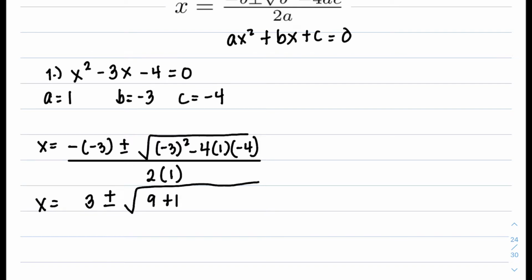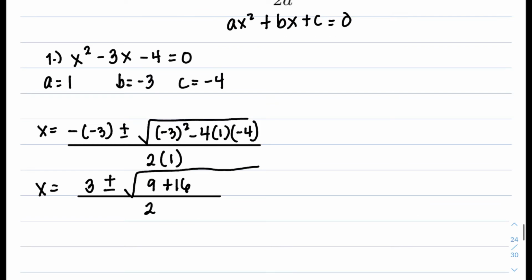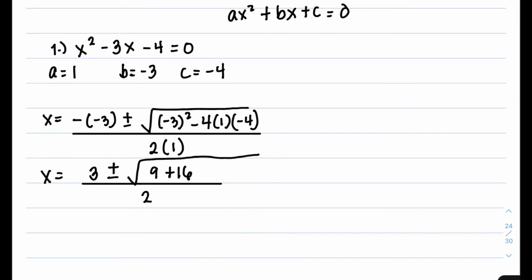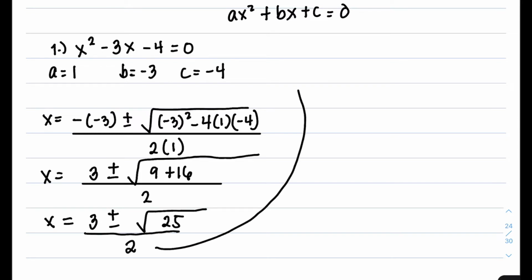So, plus 16, all over 2 times 1, that is 2. Solve for what is inside the square root. So, that is 3 plus minus square root of 9 plus 16. So, we have square root of 25, then all over 2.